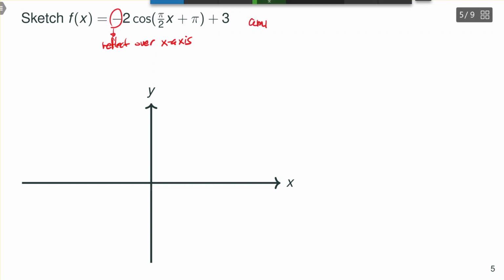Amplitude is the absolute value of negative 2, which is 2. Period is 2 pi divided by pi over 2, which is 2 pi times the reciprocal, which gives us 4. So period is 4.